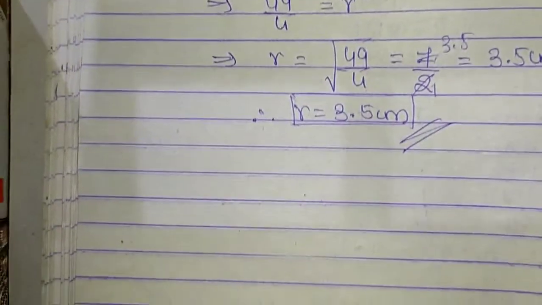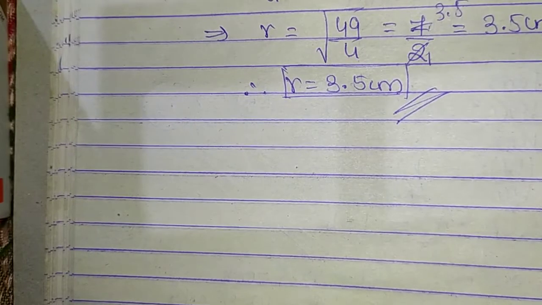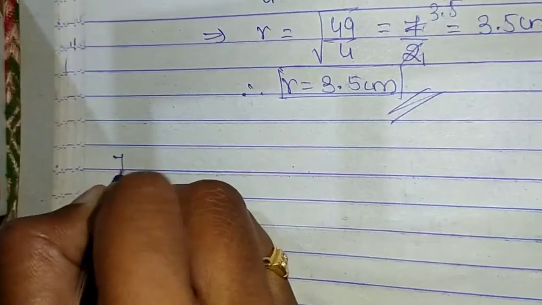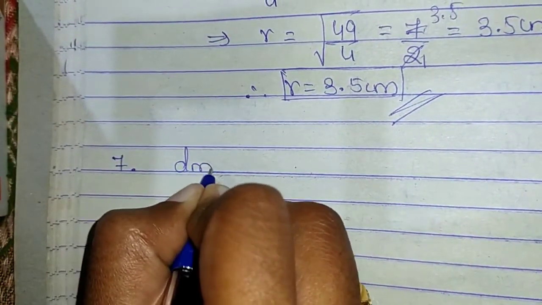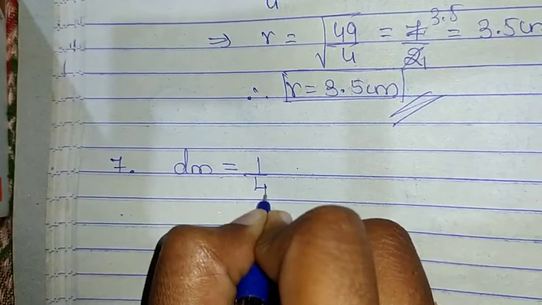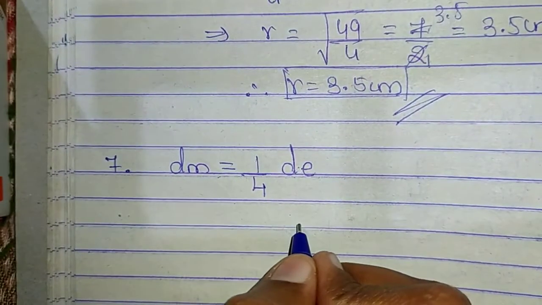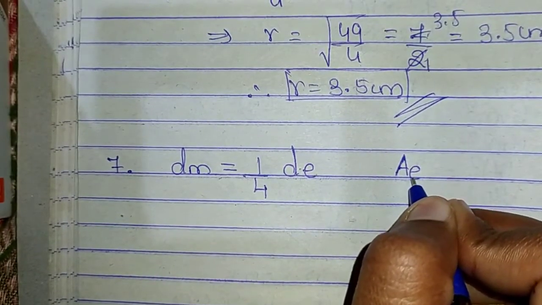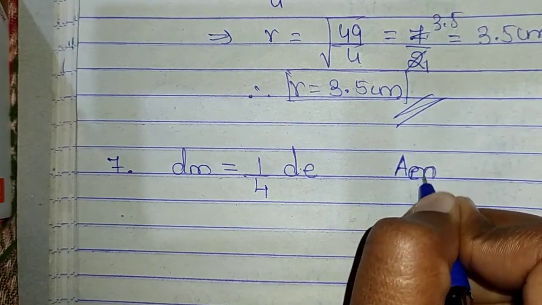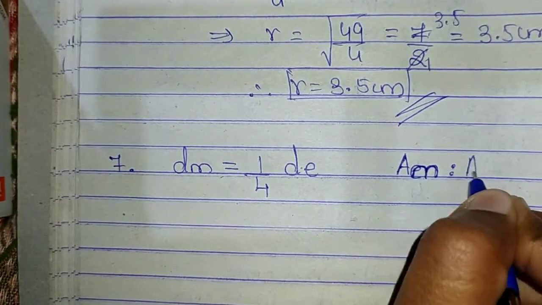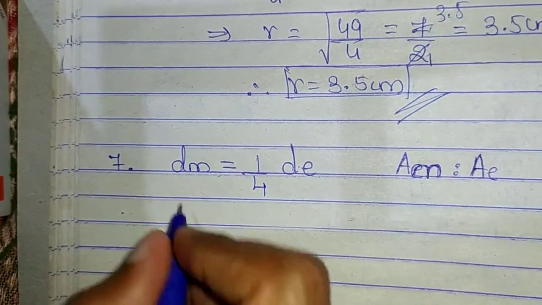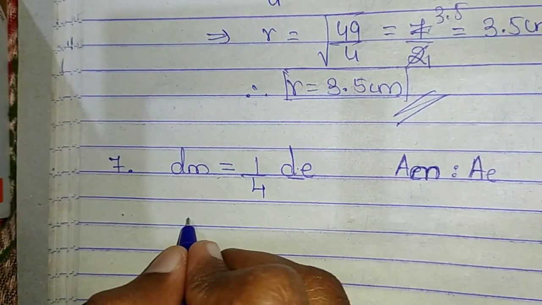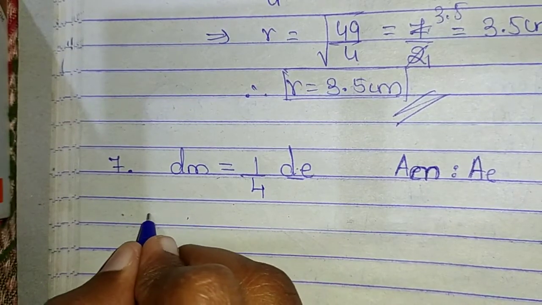In question number 7, the diameter of the moon is approximately 1/4 the diameter of the earth. So they have told us that the diameter of the moon is equal to 1/4 the diameter of the earth. We are supposed to find the ratio of the area of the moon to the area of the earth. Let the diameter of the earth be DE.